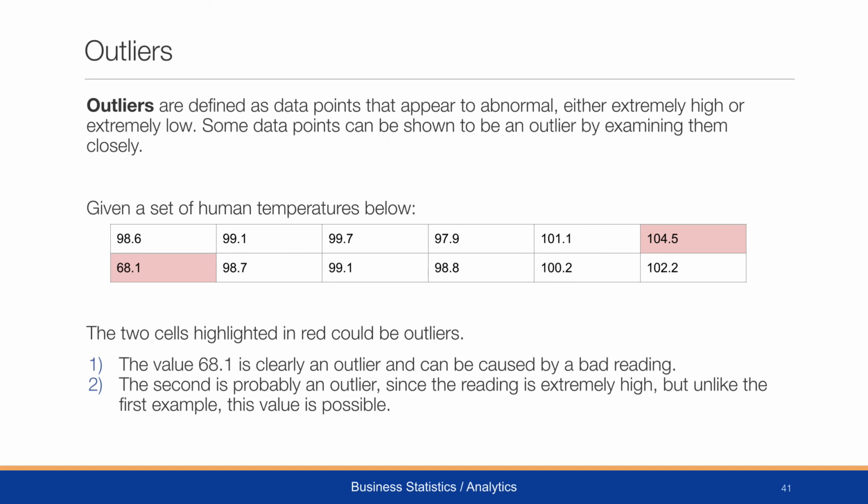Now, the 68.1 is clearly an outlier that can be caused by a bad reading. The second one, 104.5, is probably an outlier since it is extremely high, but the value is possible. It is possible, very dangerous, for a human being to have a temperature of 104.5. So it's important for the analyst to understand whether or not it is an outlier.